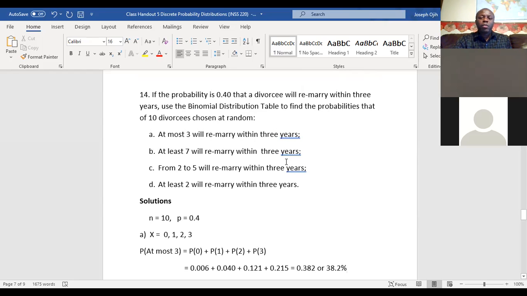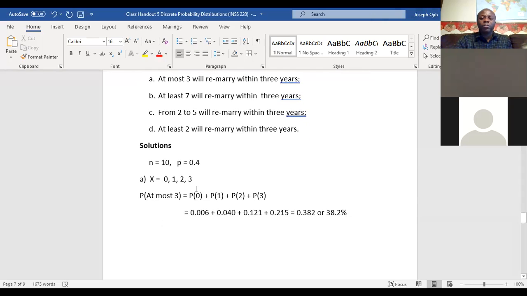Now, using this table, like I said, you can see how it simplifies the process. Otherwise, we would have used the formula to find this probability. Find this one, find this one, find this one. That would take a lot of time. But with this table, you can see how simple it is.